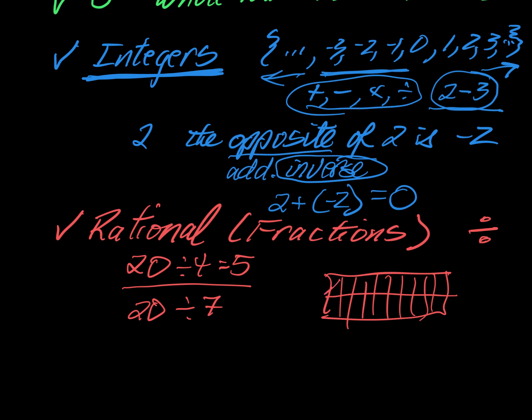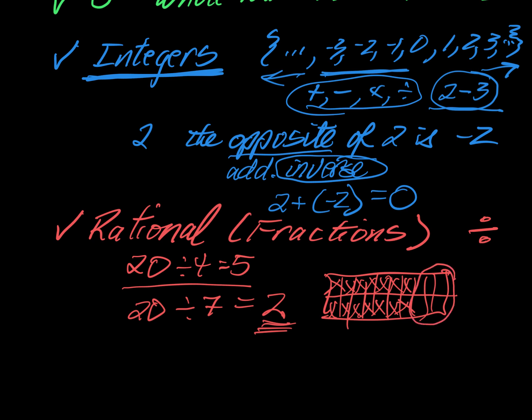And then we'd go, okay, there are 2 7s that go into 20, but this is not the whole answer because we still have 6 left over.